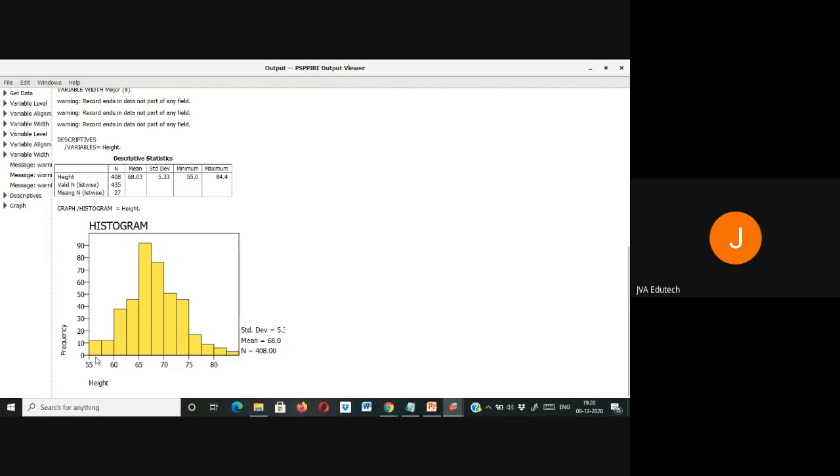Sorry, this is the frequency. You have got the height ranging from around 55 to somewhere around 84, and the data represents this, and with frequency you can calculate how many people. Just to have a look at the preliminaries of the test.